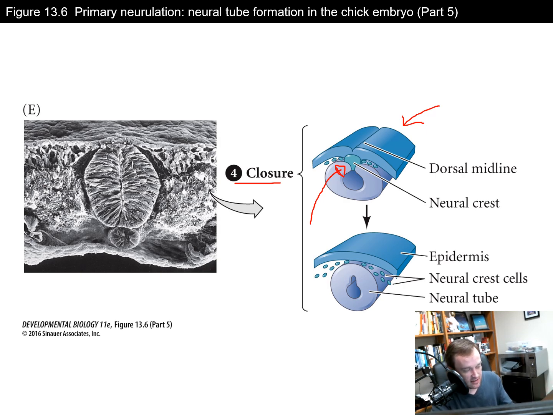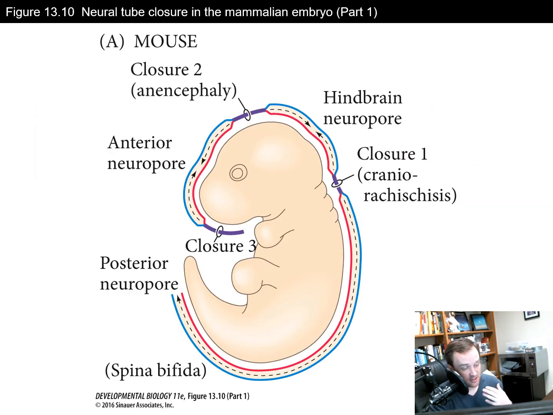And so that leaves us with a neural tube that is not connected directly to these neural folds that will become our epidermis tissue. We don't want our spinal cord attached directly to our skin. There's a little bit of a buffer in between, and the leaving of these neural crest cells allows that buffer to exist.